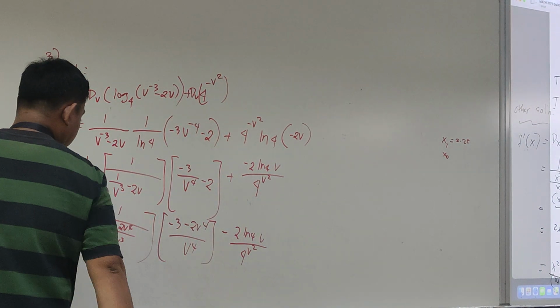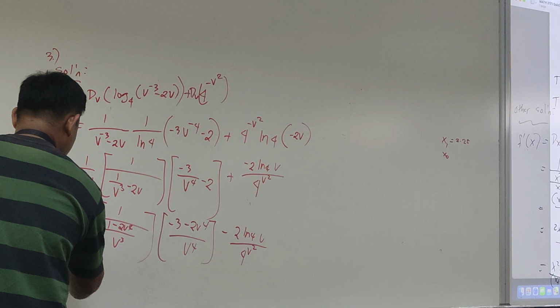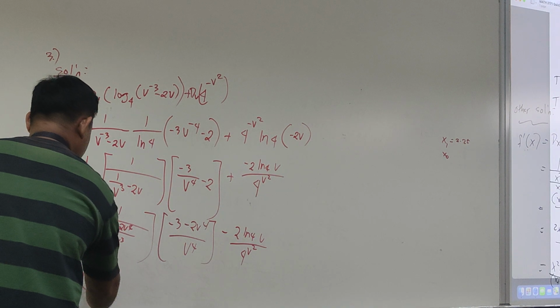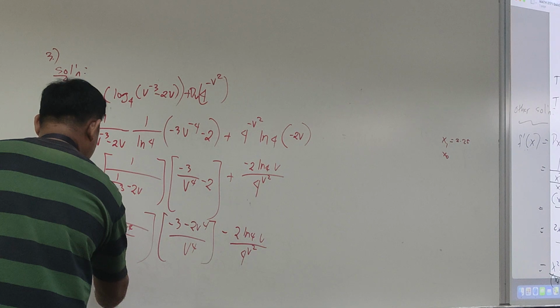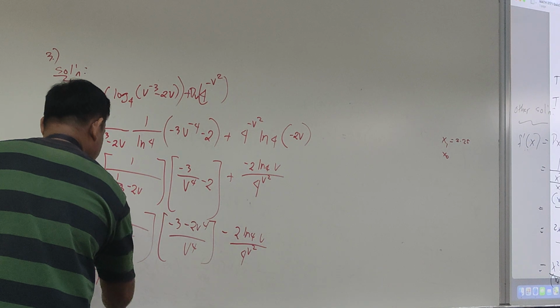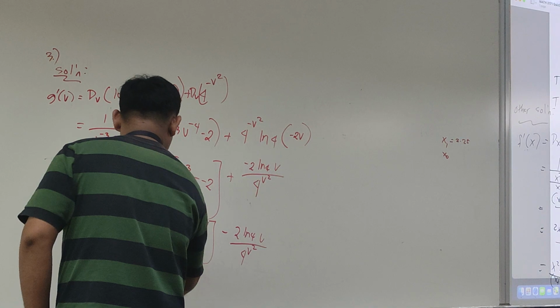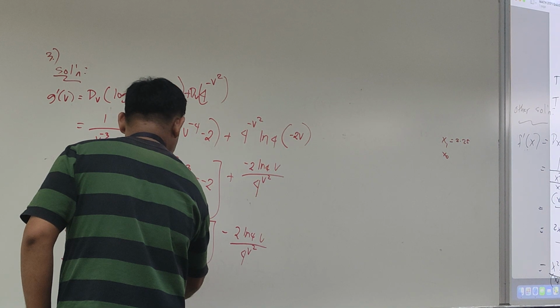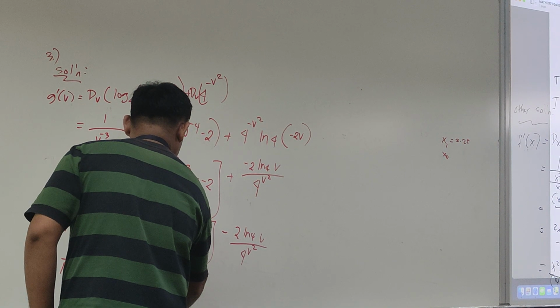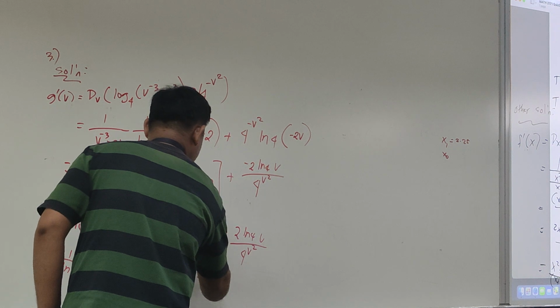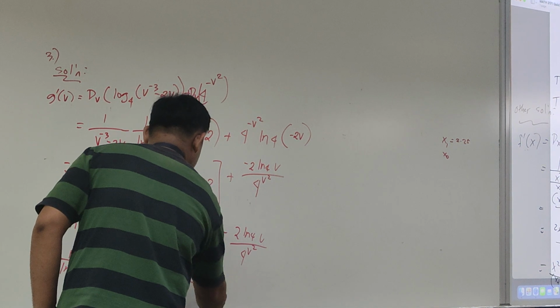So this is equal to 1 over ln 4, v cubed all over 1 minus 2 squared, and we have negative 3 minus 2v to the 4 all over 4 minus 2 ln 4.